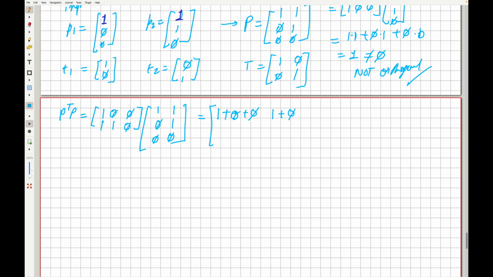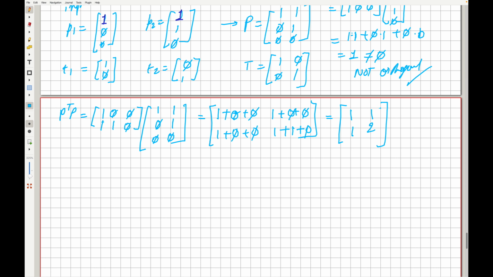So this is 1 times 1 is 1, right, and then 0, and then again we have another 0. Here we have 1 times 1 is 1, plus 1 times 0 is 0, 0 times 0 is 0, and finally we have 1 times 1 is 1, plus 1 times 1 is another 1, plus 0 is 0.